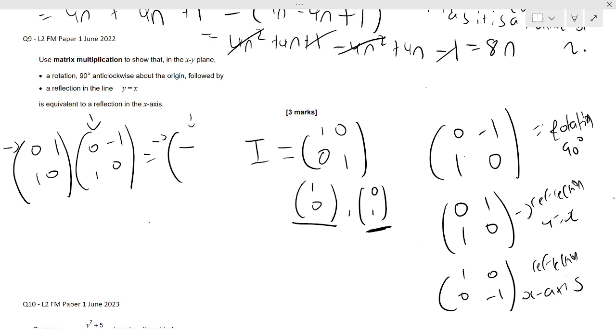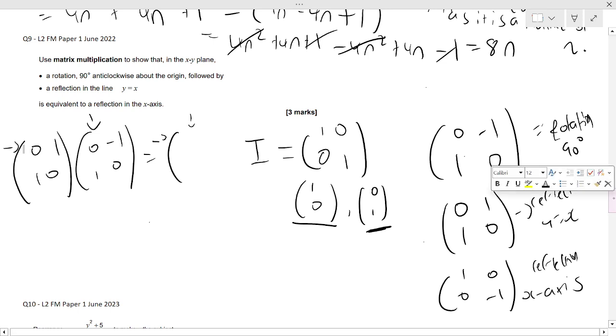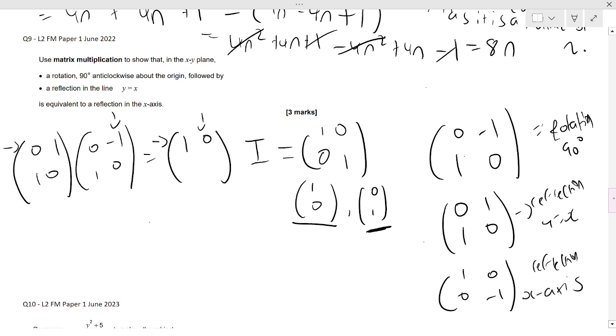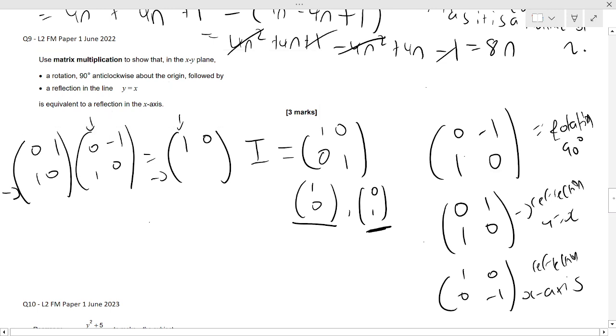So 0 times 0 is 0, and 1 times 1 is 1. For the first row and second column: 0 times minus 1, and then 1 times 0, which is 0. For the second row and first column: 1 times 0 is 0, and 0 times 1 is 0.